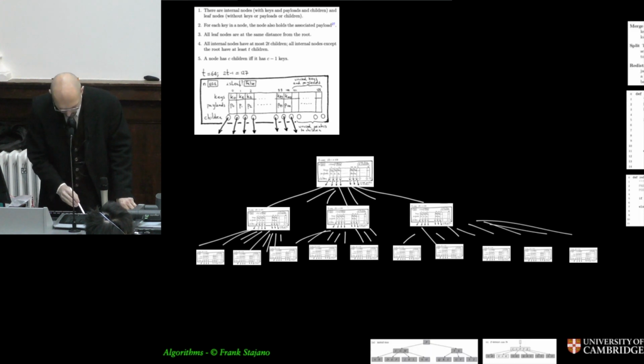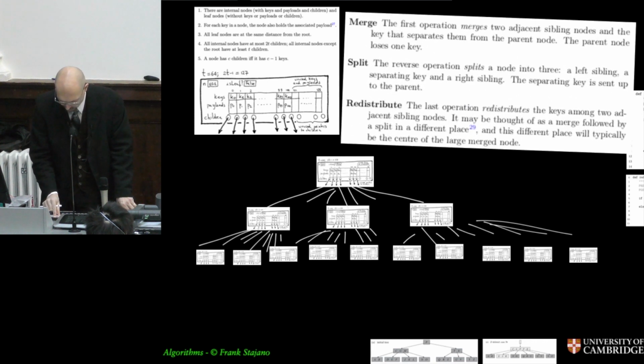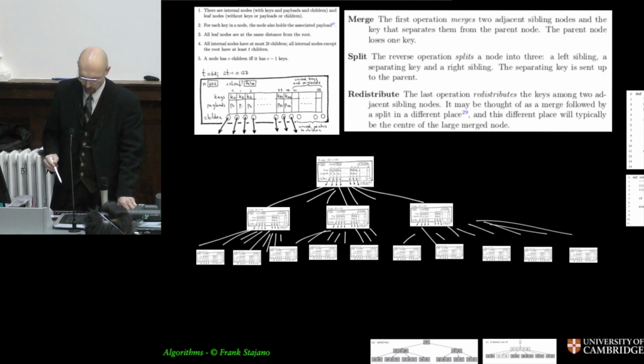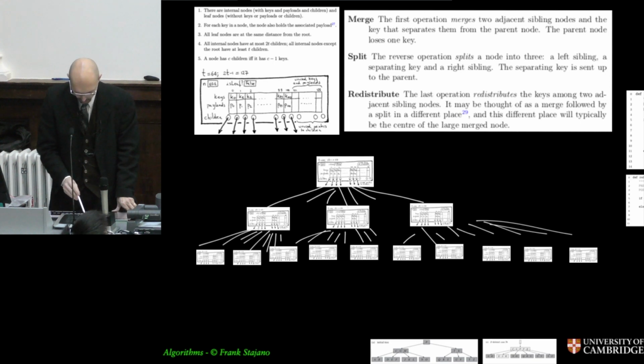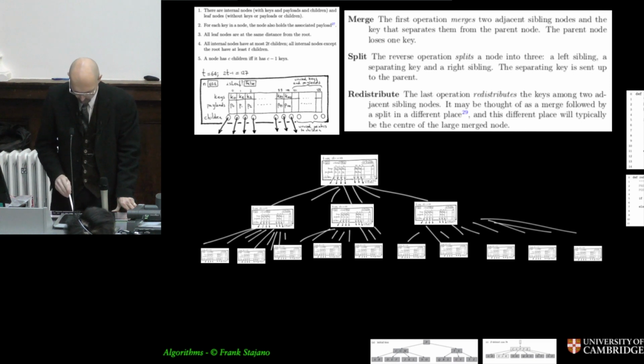So last time I introduced 3 operations that are going to be useful for us in order to perform the deletion operation. And these operations were merging 2 nodes. Merging 2 nodes is something I am going to do, provided that I respect these invariants about the size.